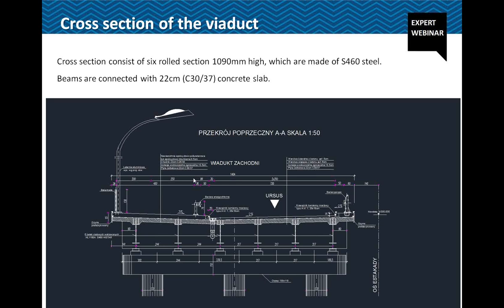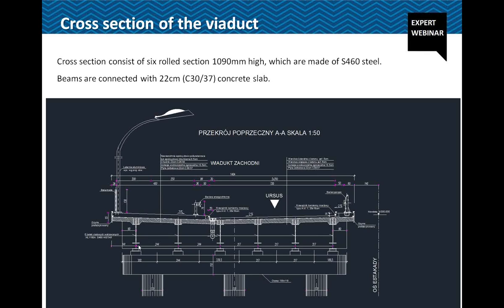Here we can see a cross section of the viaduct, and this superstructure is based on 6 steel beams, which are made of S460 steel.